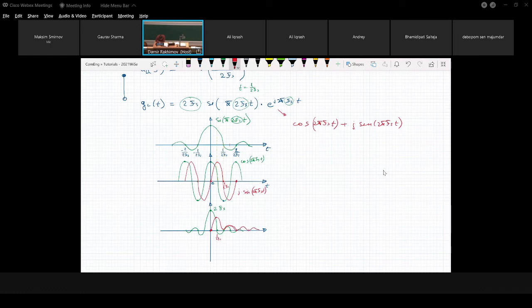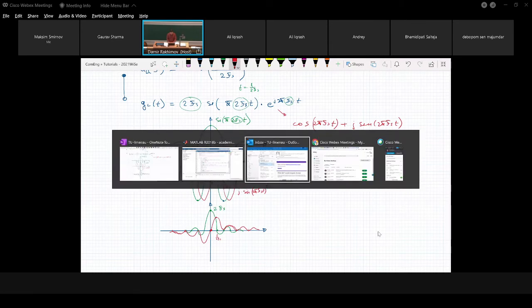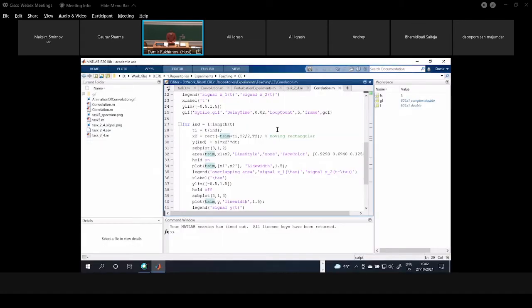And if we look at the negative part, we see that we have something similar, but with opposite sign. It will be oscillating and decreasing like this. Yeah? Okay, it's not easy to show, but I have a MATLAB script to demonstrate how it will look.